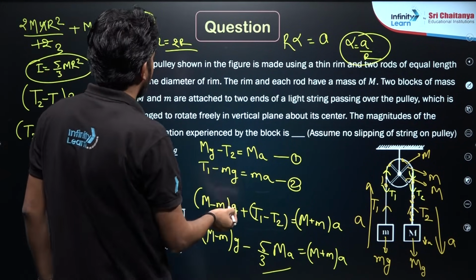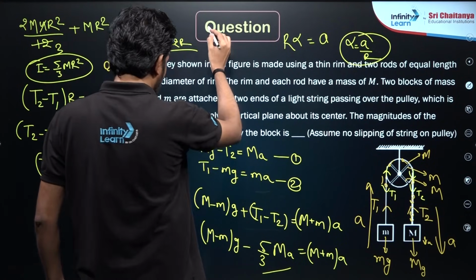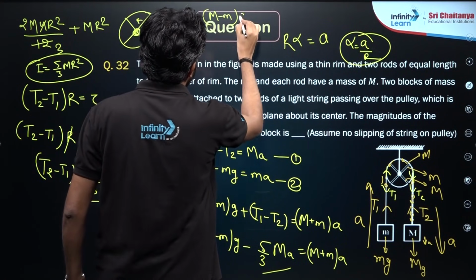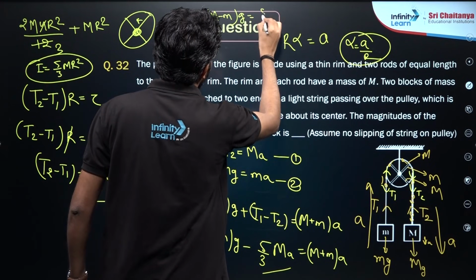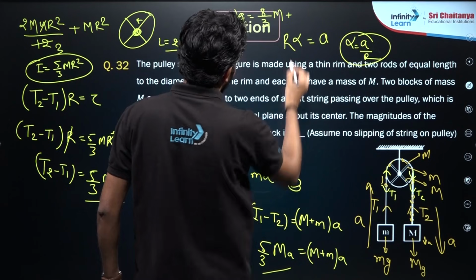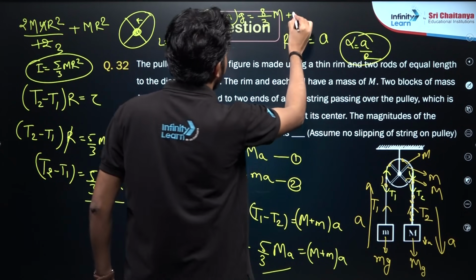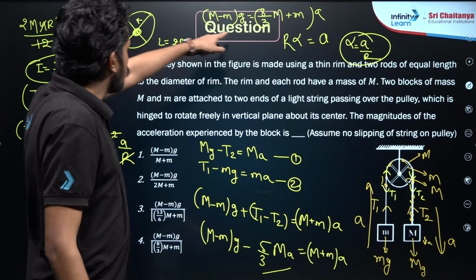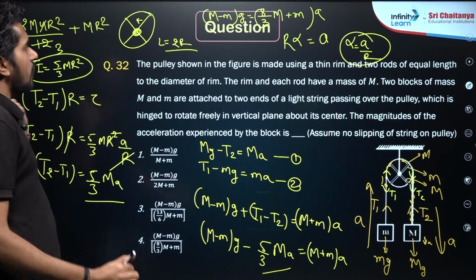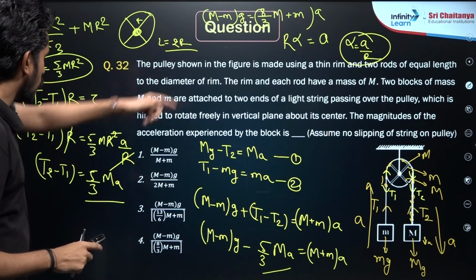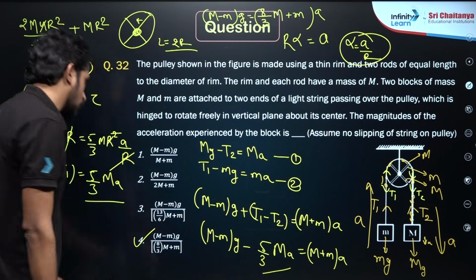So let me write here (M minus m) g equals (8 by 3 M plus m) A. So A: when this comes to the left hand side, it will go in the denominator. So the answer would be the fourth option.